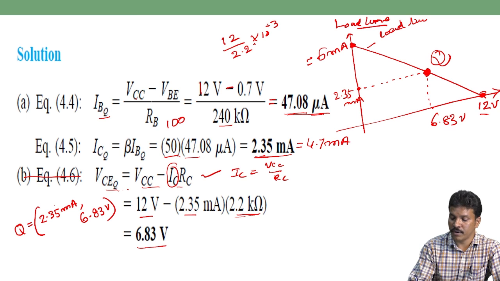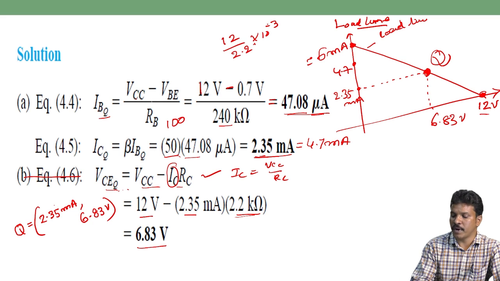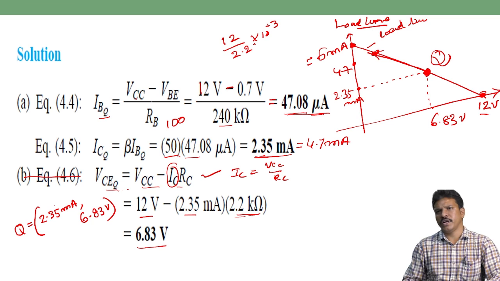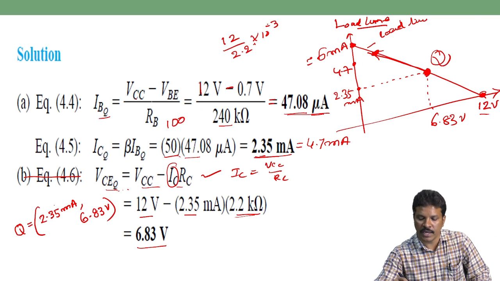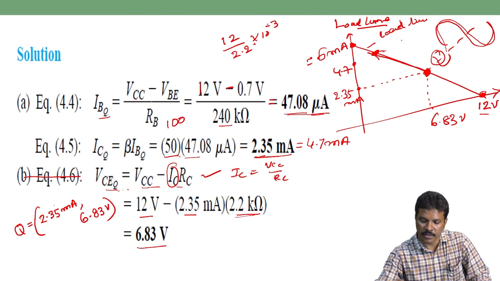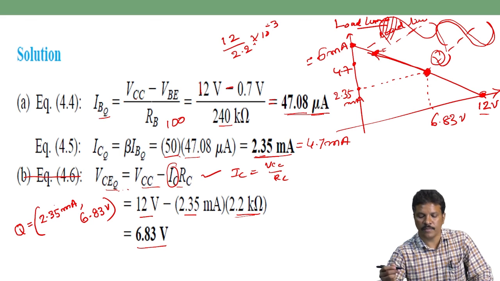Where is the 4.7 milliampere? This is almost 4.7 milliampere. When it is 4.7 milliampere, this Q point moves to this place, near saturation, and the signal is clipped off.